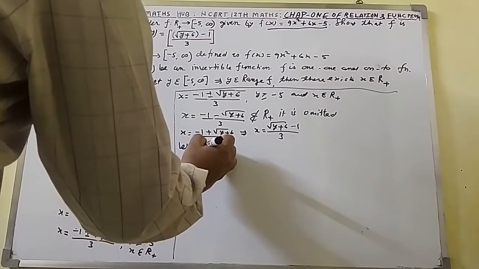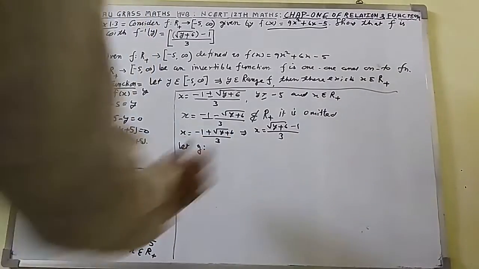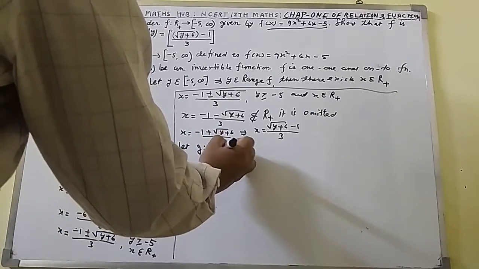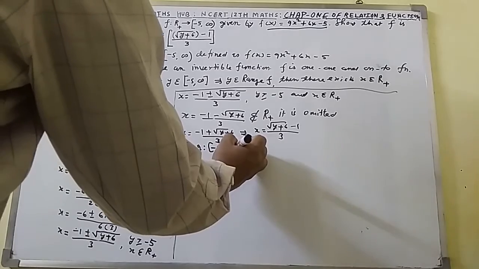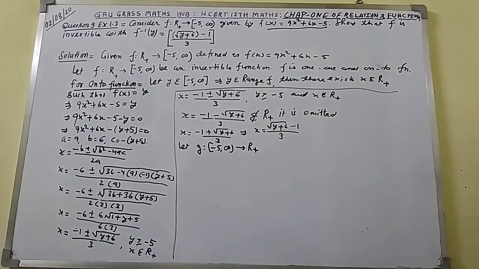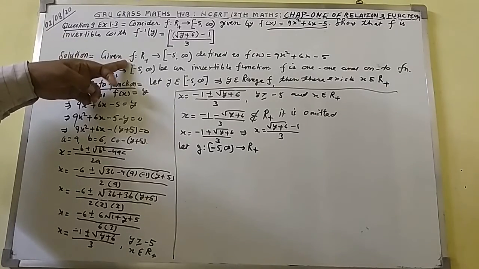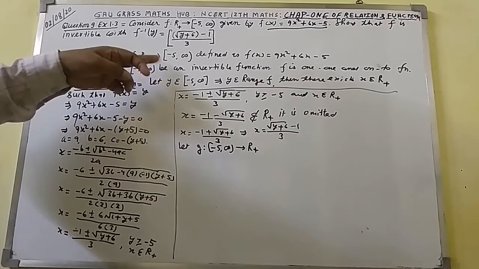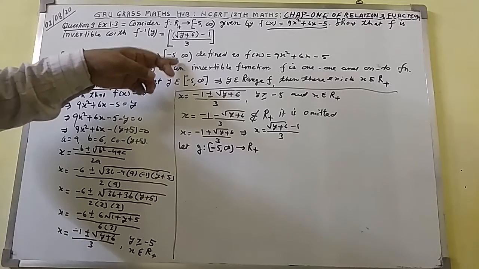Let g be a function from the closed interval minus 5 to infinity, open at infinity, to the set of positive real numbers. This one is correct. This is the original function. You can think f is a function from the set of positive real numbers to the closed interval minus 5 comma infinity, open.